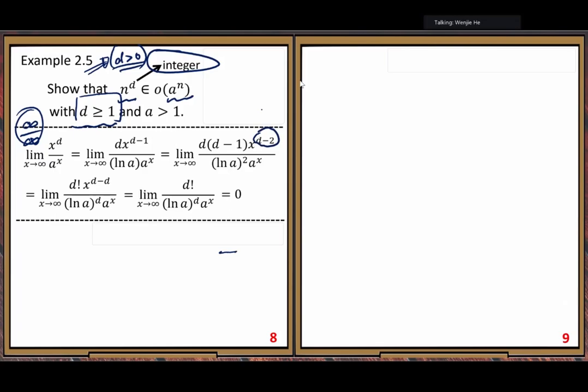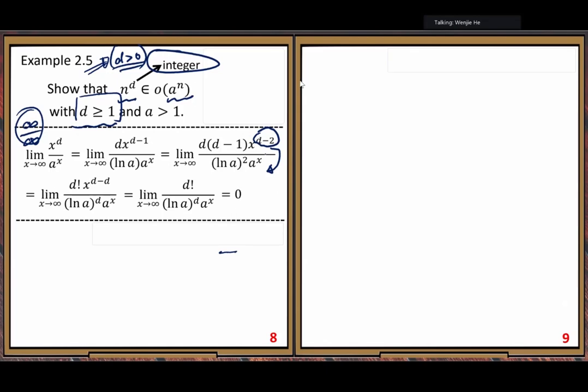When it is negative, your power function is in the denominator. You can still prove it. So if you apply L'Hopital's rule under the assumption d is not an integer, you can use this way. But there is another way we can do.